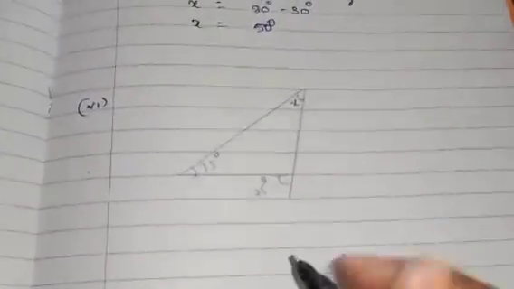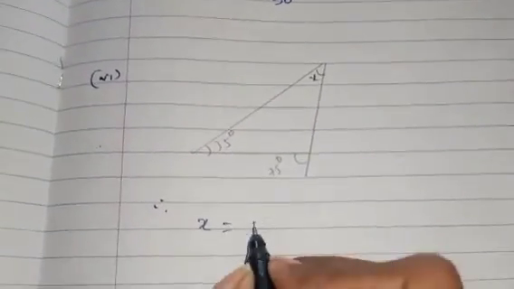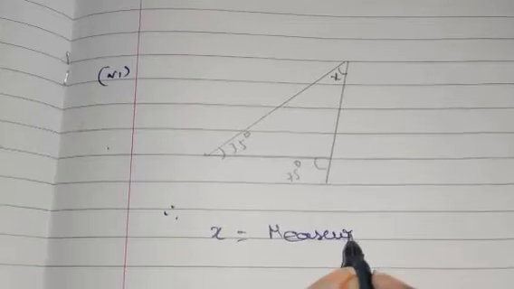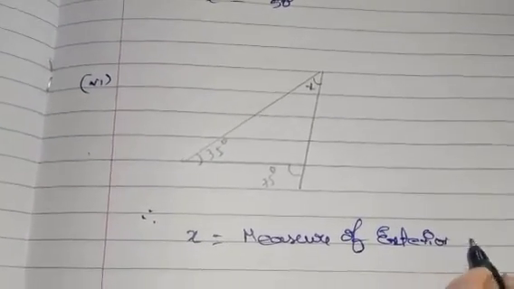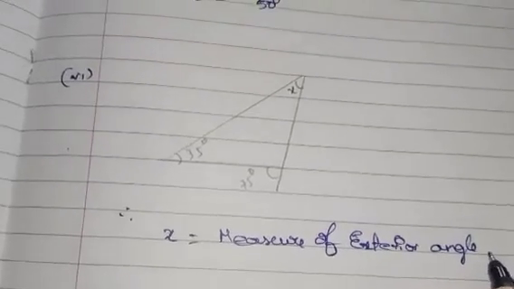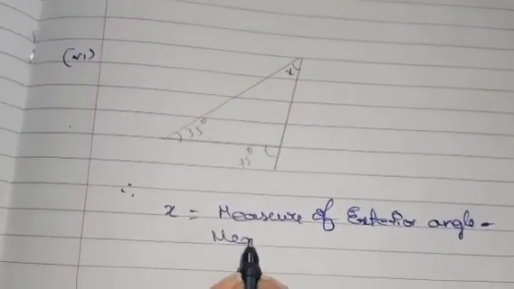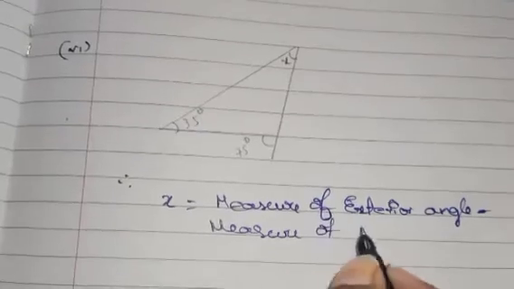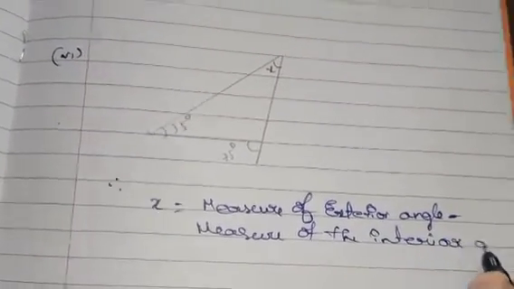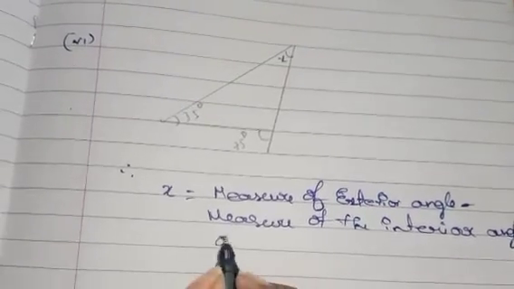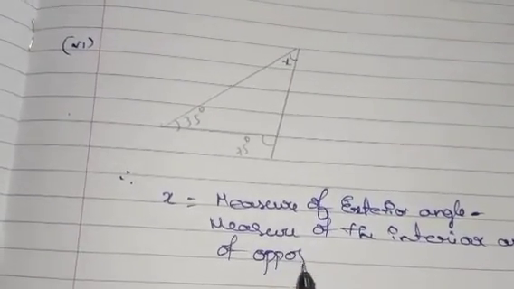Now the next one, here also we have to find the interior angle x. So the measure of the exterior angle minus the measure of the interior angle of the opposite side.